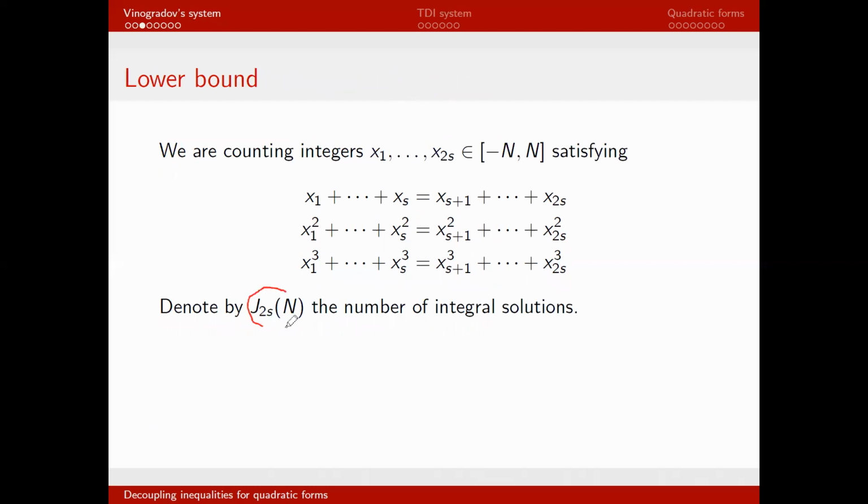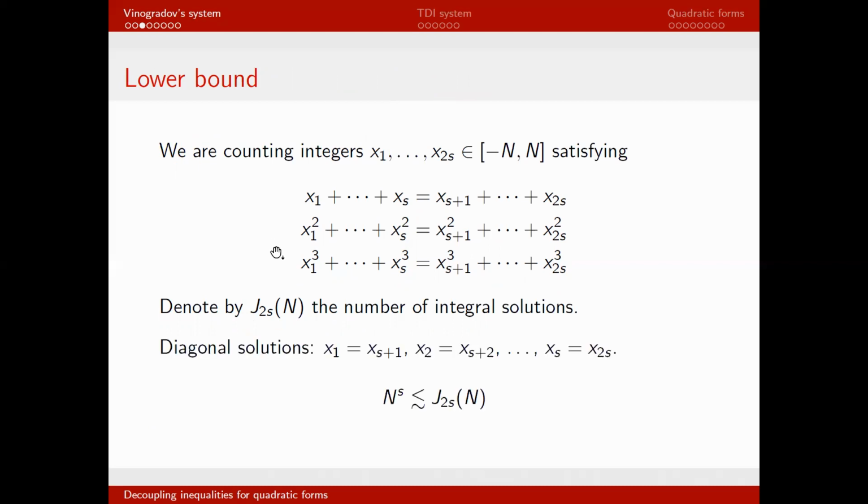I'm going to use the notation J of n for the number of solutions. Here are some trivial solutions, which I'm going to call diagonal solutions. We set x1 equal to x sub s plus 1, we set x2 equal to x sub s plus 2, and keep going.